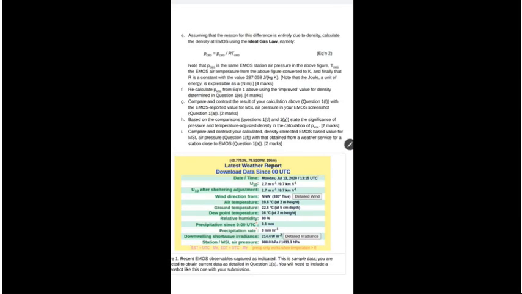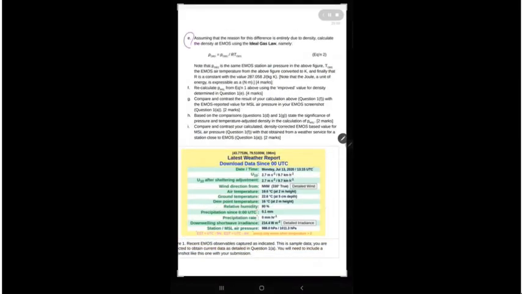Let's continue along with this calculation. We're now at question E. As you can see here, we assumed that there would be some difference between the estimate that you just made as well as the EMOS value shown here.